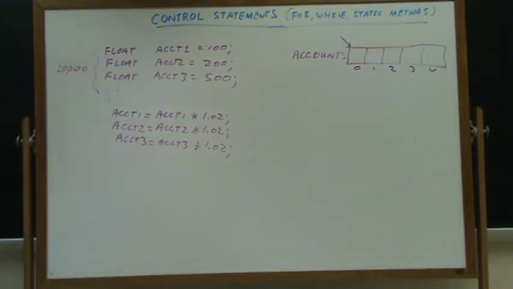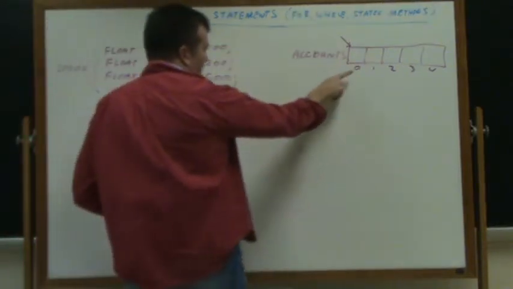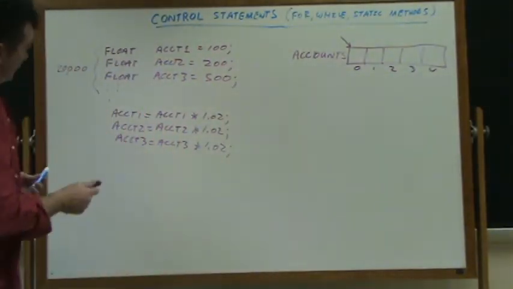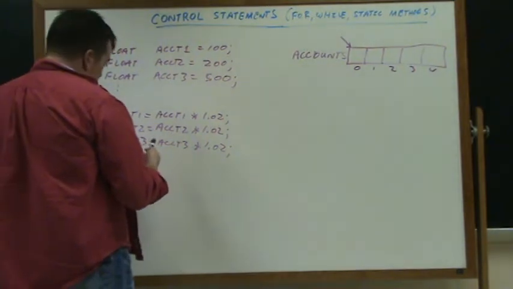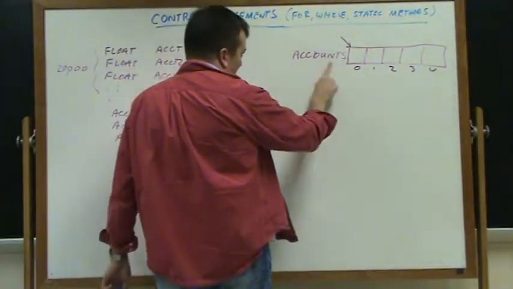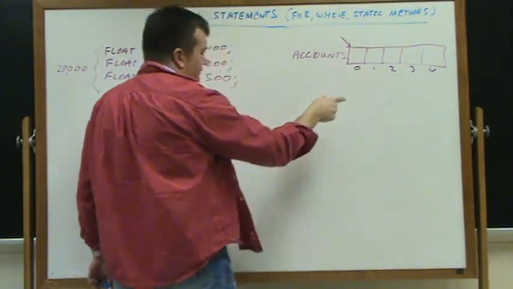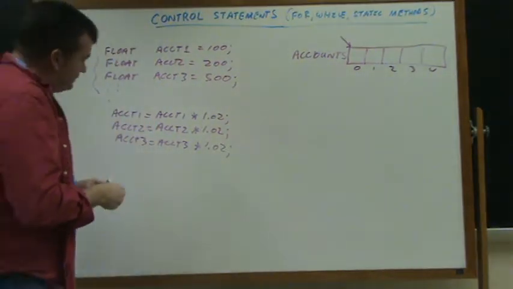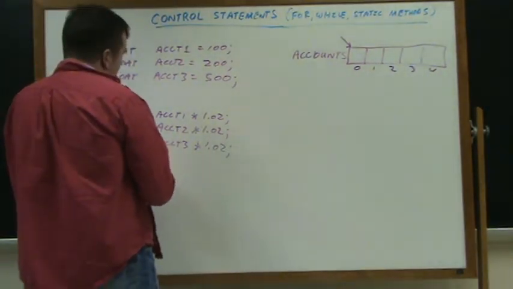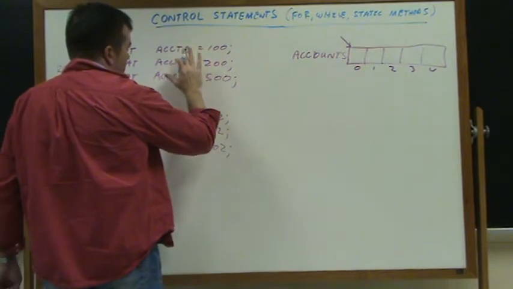It's just adding that offset to where it begins. So this code would change a little bit. We'd have to somehow be able to say accounts, the 0 one, the second one. So it would go something like this.